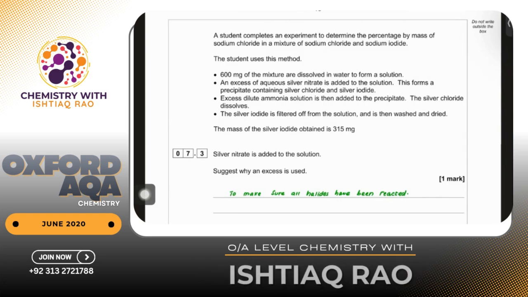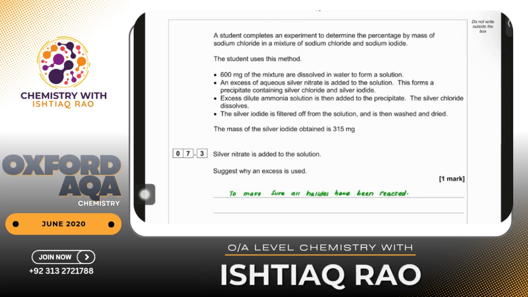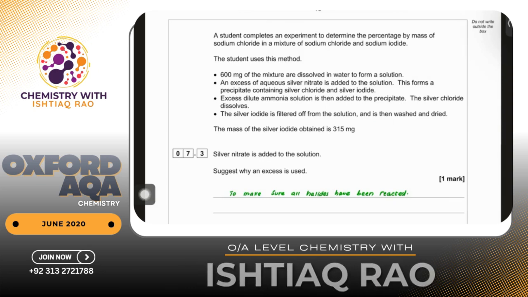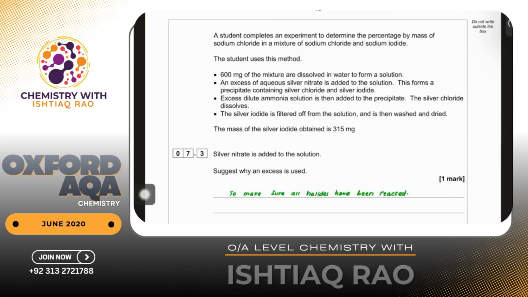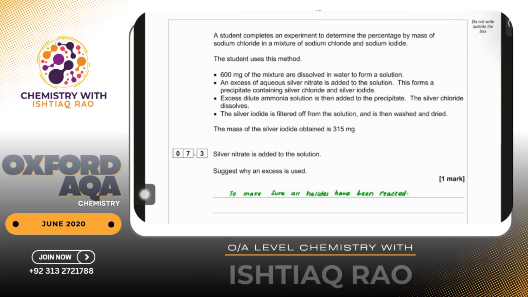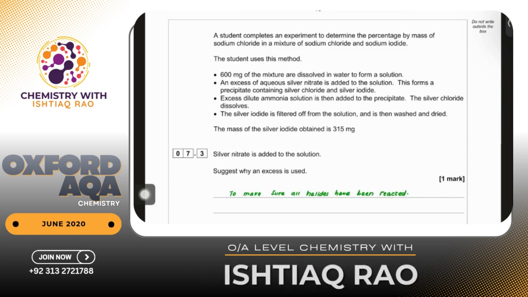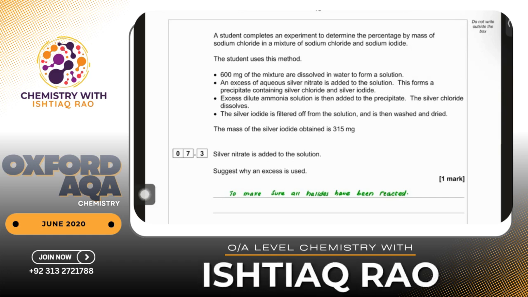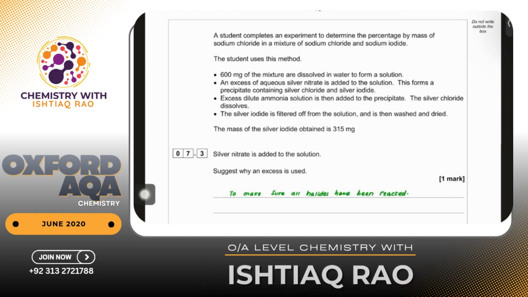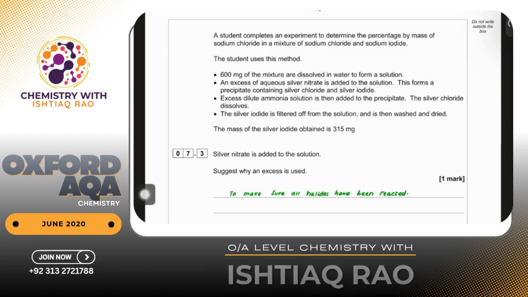Wait, we need to find NaI, right? Yeah, NaI. But they have only given us the silver iodide. How do I find the number of moles?